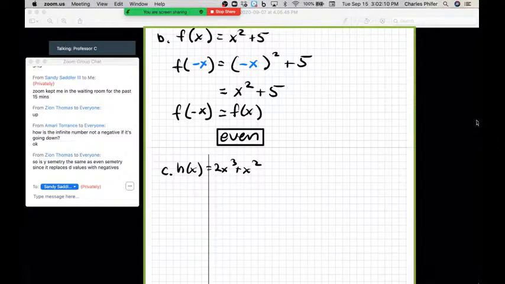Let's do the same thing. We're going to replace each x with a blank set of parentheses, 2 times x cubed plus x squared. We're going to replace each x with negative x.